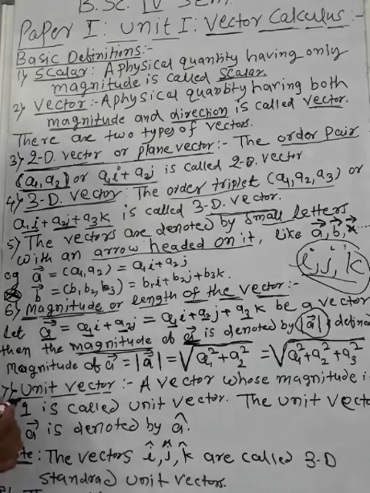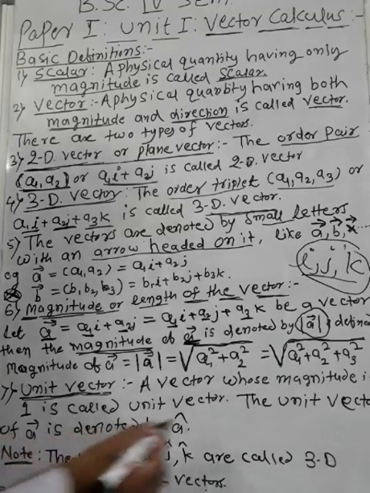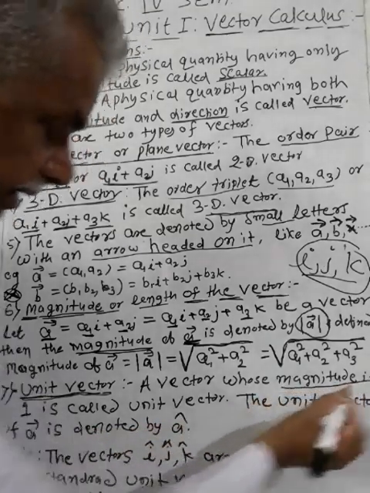Then we have the unit vector. Already I said that i, j, k are called three-dimensional standard unit vectors. Then which vector is called a unit vector? A vector is called a unit vector if its magnitude is equal to 1.